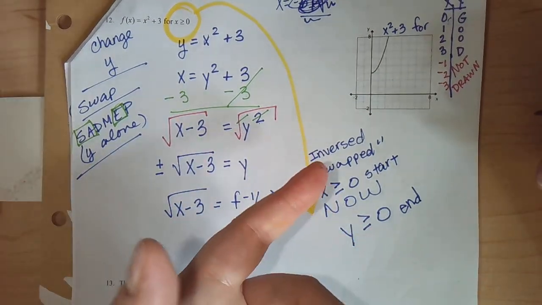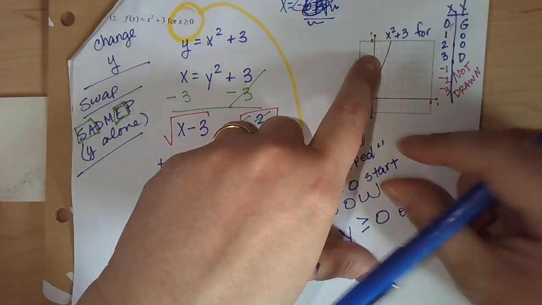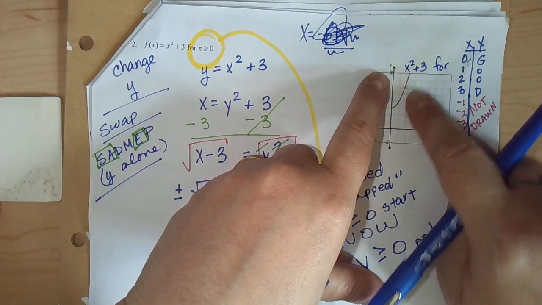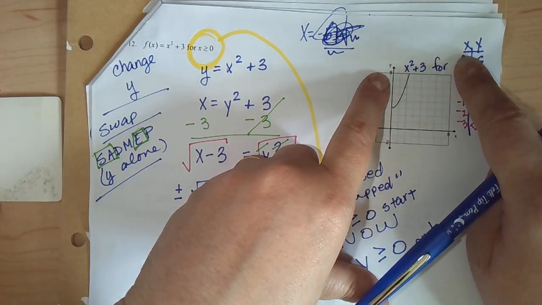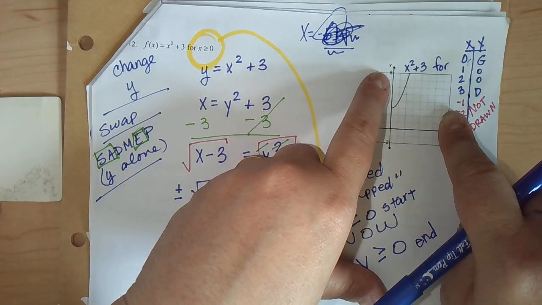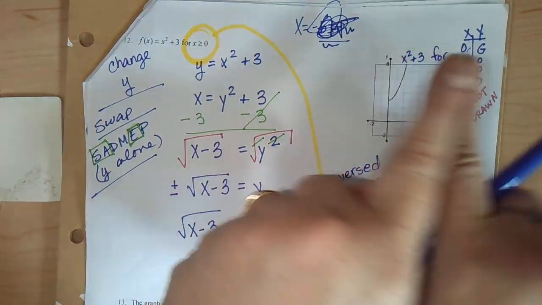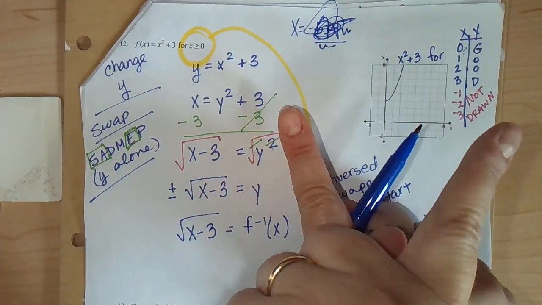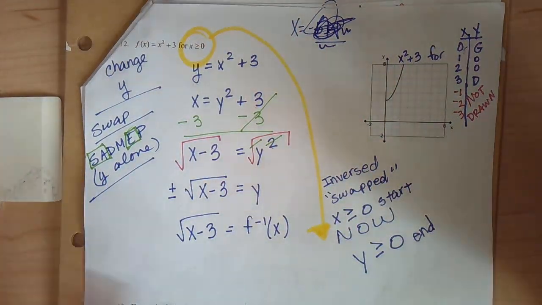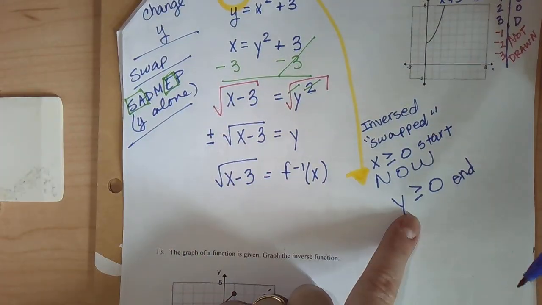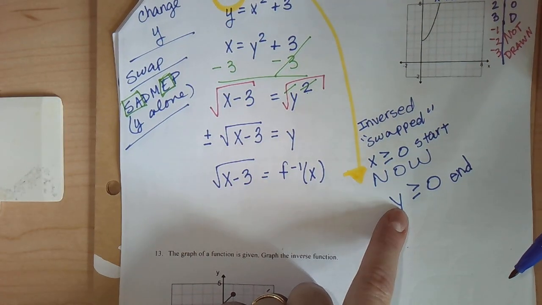So you swap the letters. The equation at the very beginning represents this little hook, and it's just for the x values that are bigger than or equal to 0. But functions that are inverses have x's and y's that are flopped or swapped, or their domains and ranges are swapped. So this x becomes y.